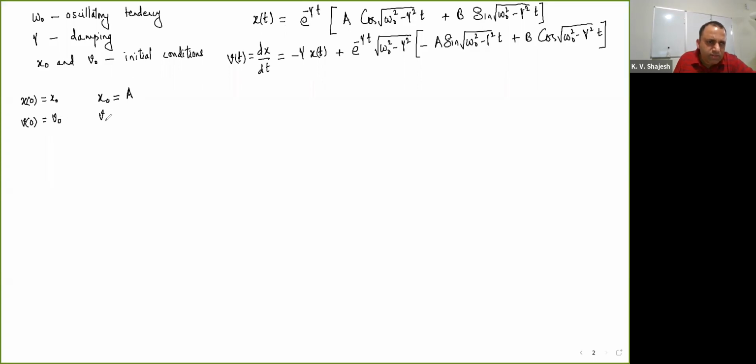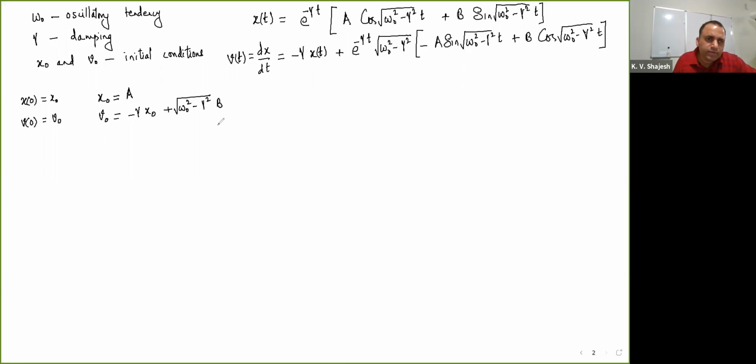From the second equation, v naught is equal to minus gamma times x at time t equal to 0, which is a, which is actually x naught, plus the exponential goes away, and we have the square root of omega naught square minus gamma square, and again this time the sine term doesn't contribute, which is the coefficient of a, but it is b that contributes.